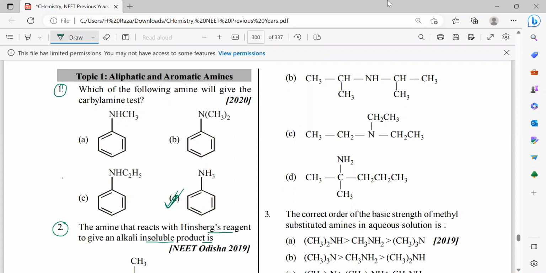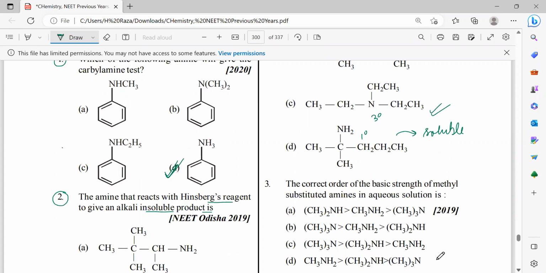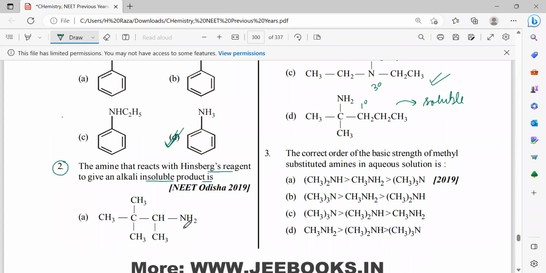C is the wrong answer, because this is your tertiary, it will not react with Hinsberg reagent. This is your primary. It will react, but it will give a soluble product. Now, this is 1 degree, which will be soluble.